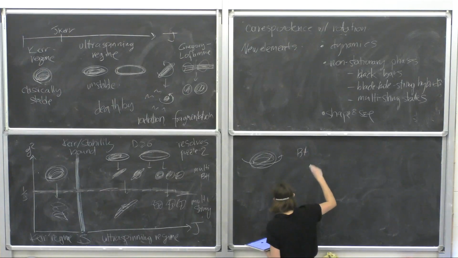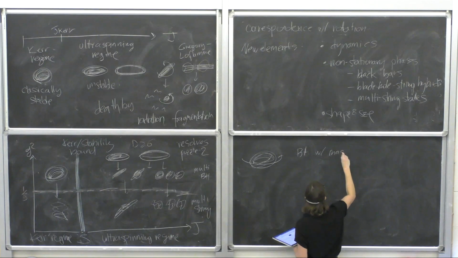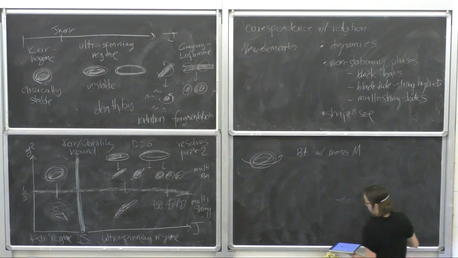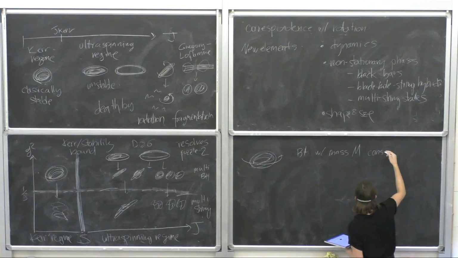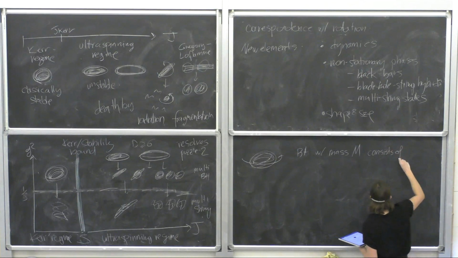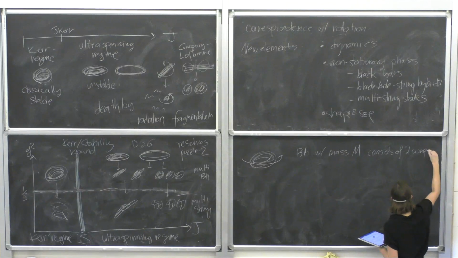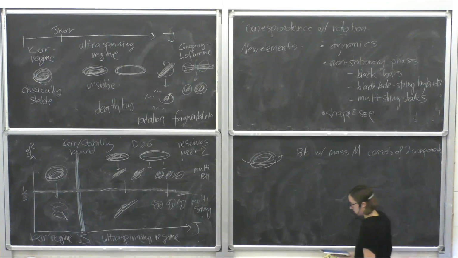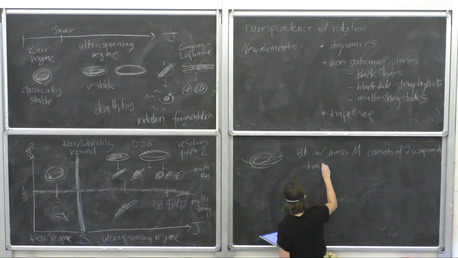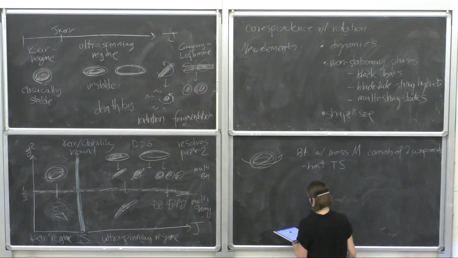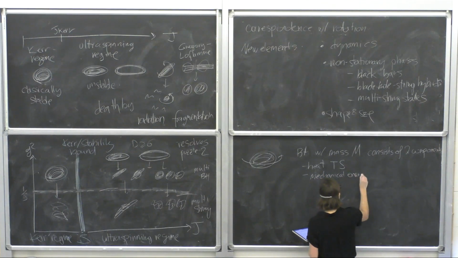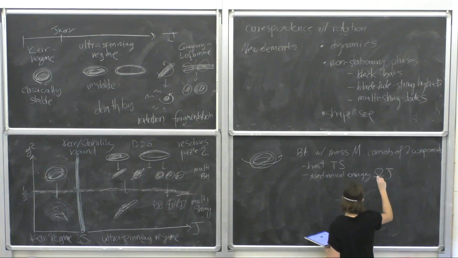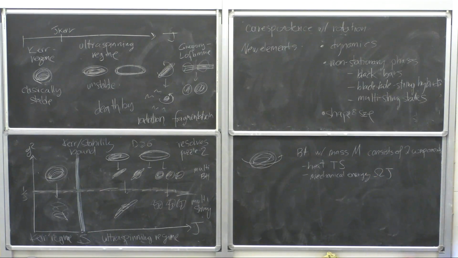A black hole with mass M, so the mass of a black hole, you can view it as consisting of two components. On the one hand, there is heat, TS, and on the other hand, there is mechanical energy, omega J, where omega is the angular velocity and J is the angular momentum.